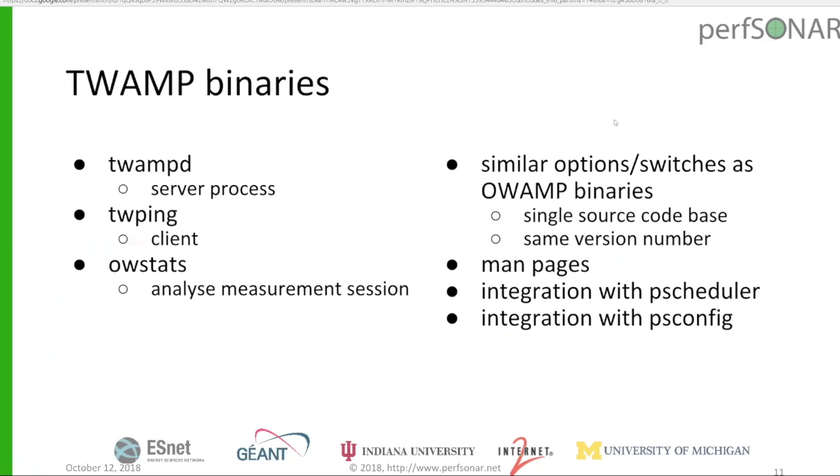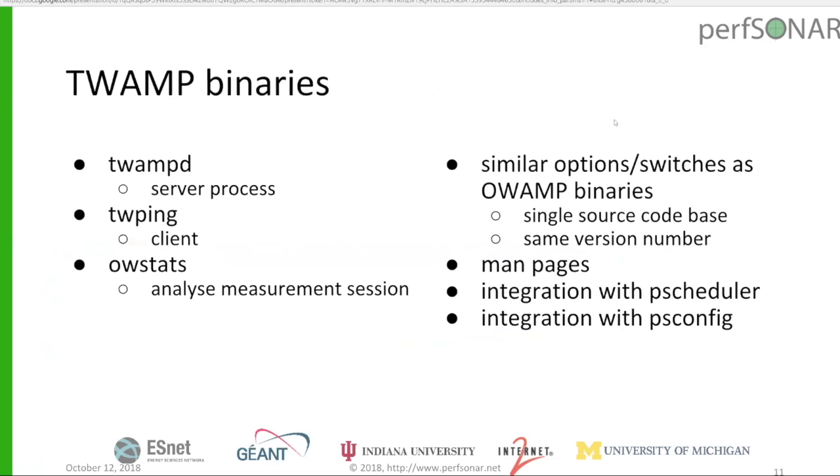For the other binaries, if you see on the left hand side of the screen, the TWAMP-D is the server process, remember from the architecture, and you will also see this process in the main toolkit GUI, where you can check if it's running. And the TWPing is the command line client, the tool which you can use to run on-demand measurements from the CLI without the usage of the scheduling layer.